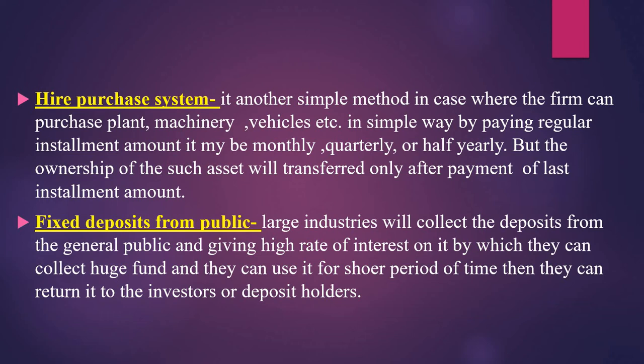In this case the companies collect funds from the general public and give a high rate of interest, and that particular amount will be locked for a certain period of time, and after that they will return that fund, by which they can raise funds for their regular business work.